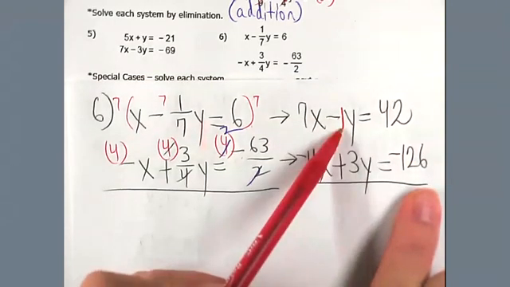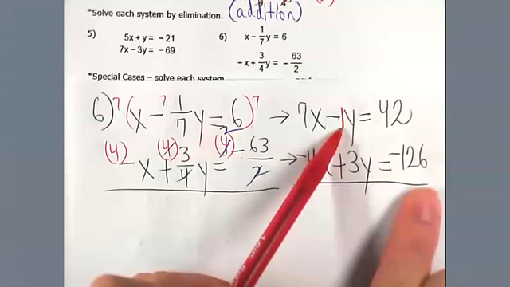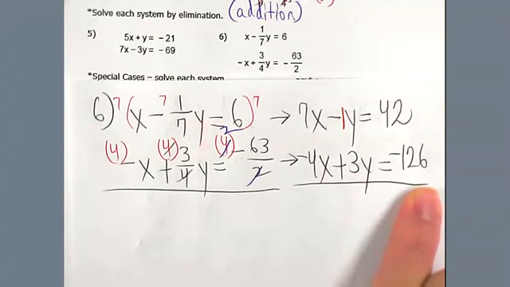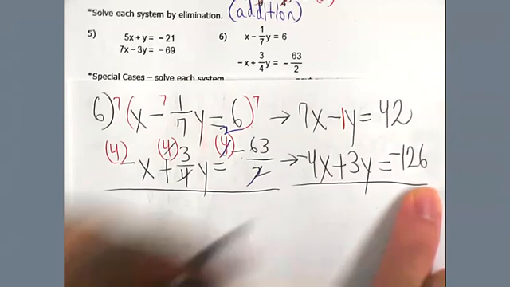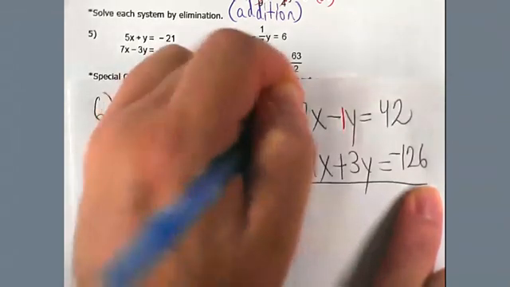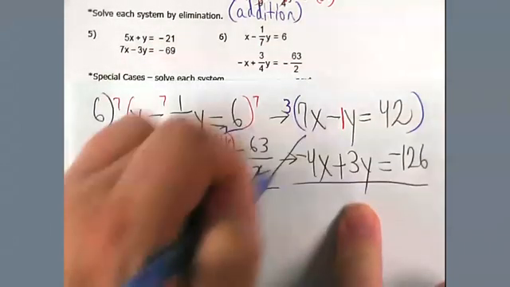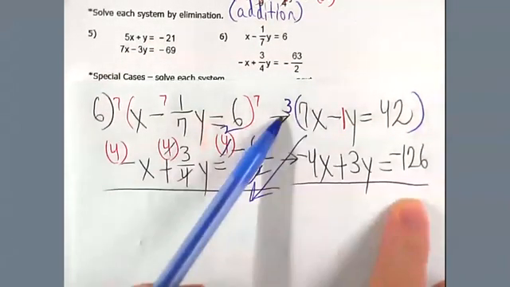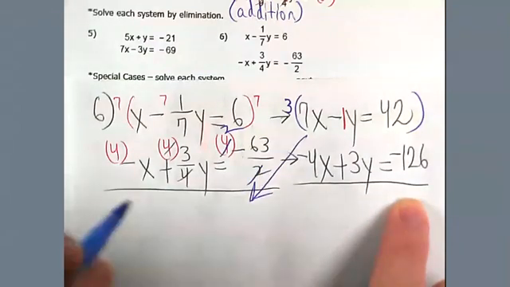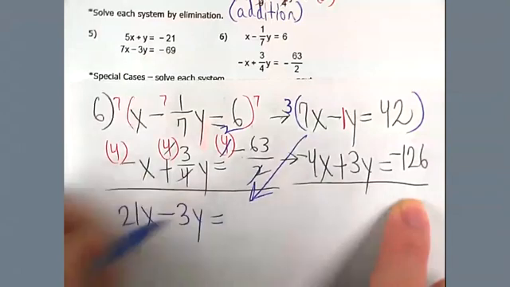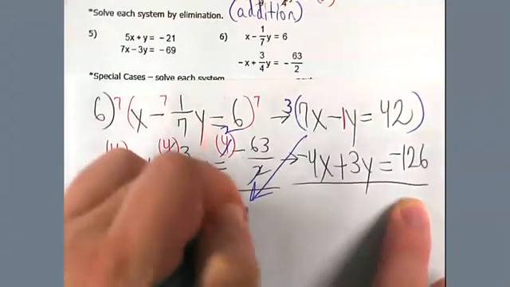And I need that negative 1 to be a negative 3 so I can cancel it out with the 3y. So that means multiply the entire first equation by a positive 3. When we do that, we get 21x minus 3y equal to 126.